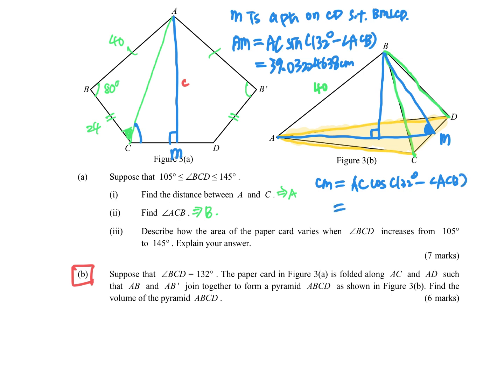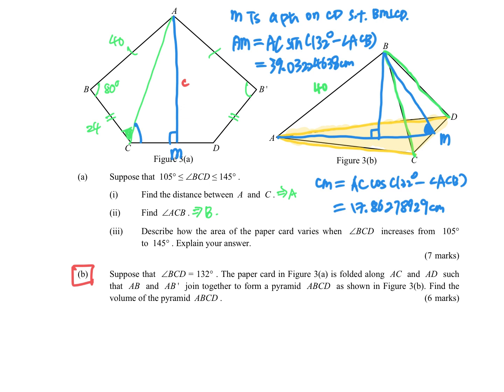So that would be 17.9 cm. And then we are going to find BM because we have BC. BC is 24.